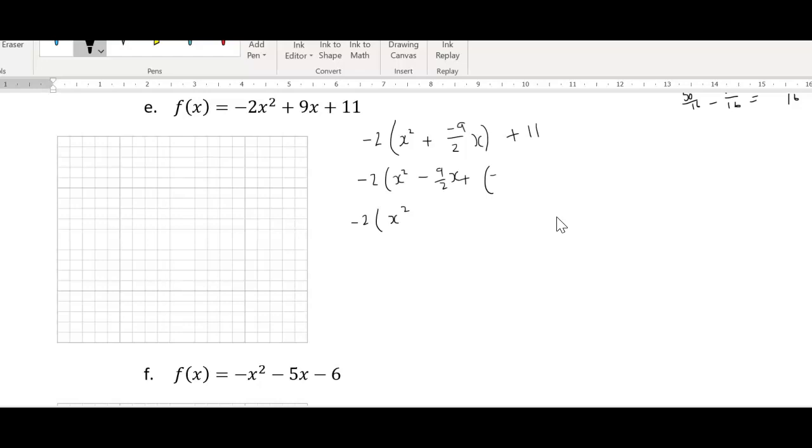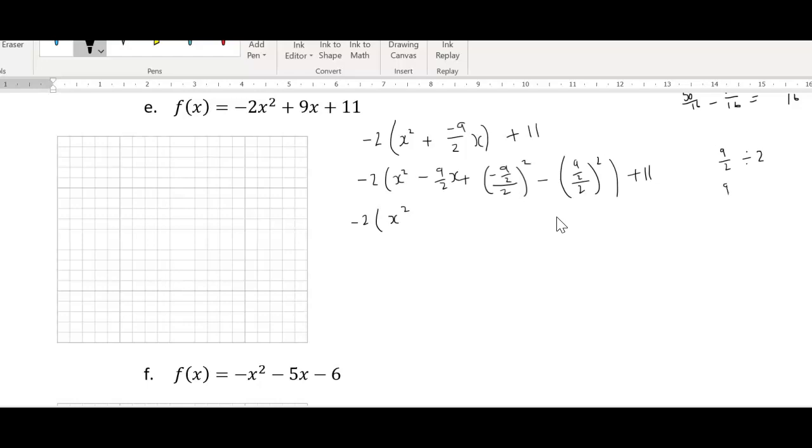So then we add the value of b divided by 2 all squared, and then we subtract that. This is where it's going to be a little bit tricky. And I'm going to close my brackets and then add 11. Now on the side here, I'm just going to do 9 on 2 divided by 2.